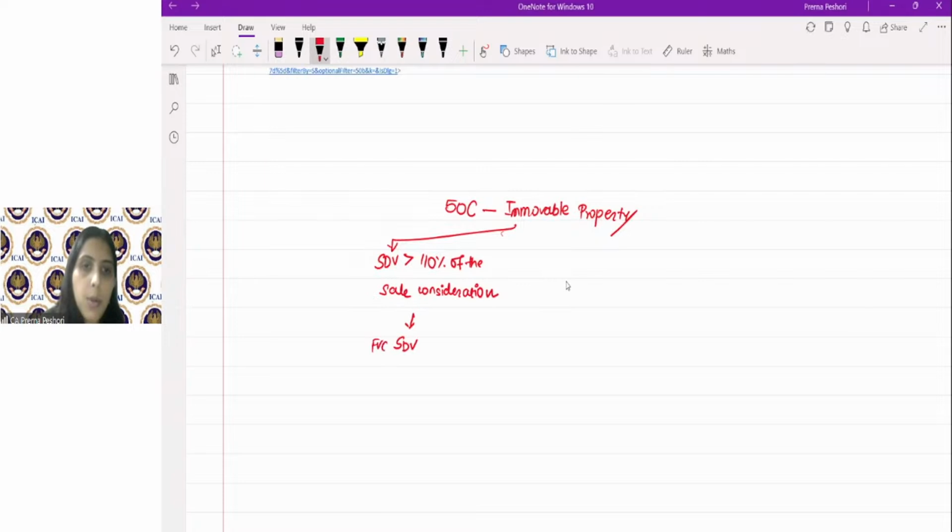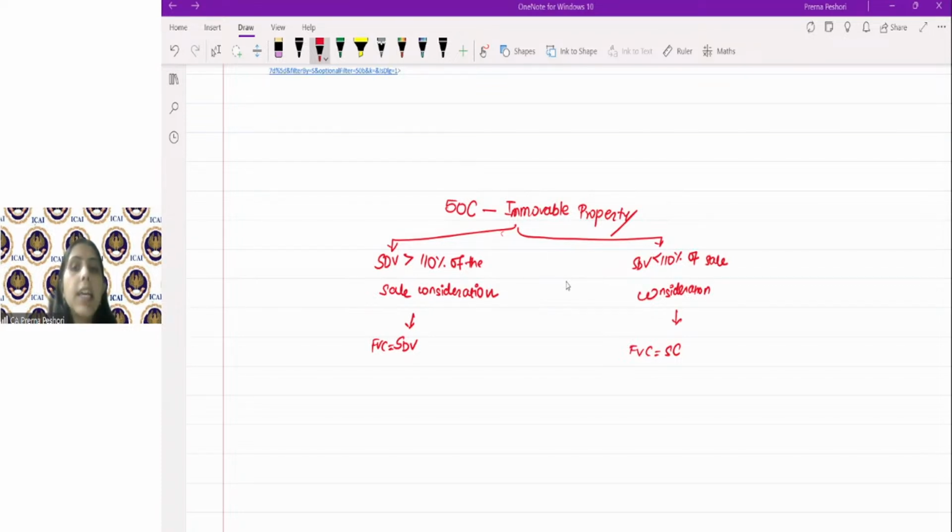Your FVC will be your stamp duty value, right? In case the stamp duty value is less than 110% of the sale consideration, then your FVC will be your sale consideration, right? So FVC in that case would be the sale consideration.